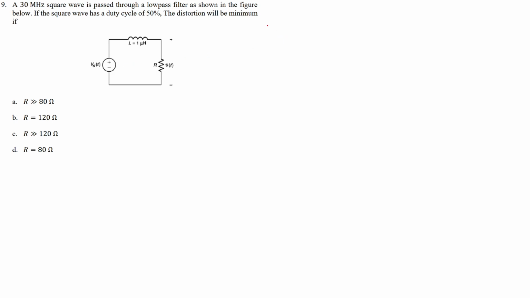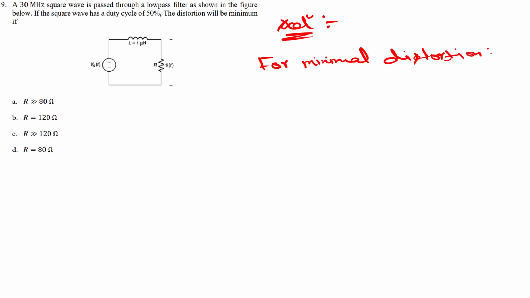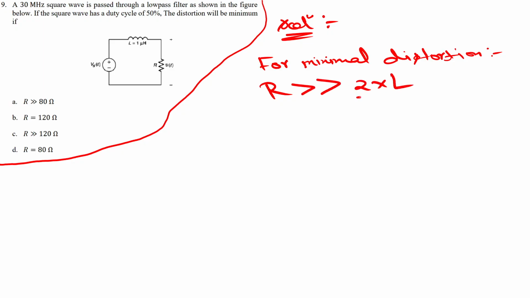If you have watched lecture 15, we know that for minimal distortion R should be greater than 2L by tau. I'm directly writing this here, but if you want to see why it is like that, you can refer to lecture 15.